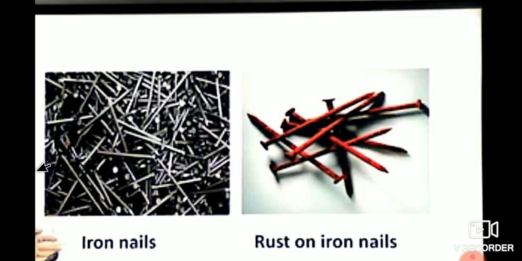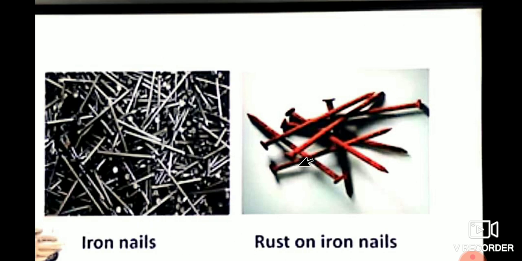Examples of lustrous materials are mercury, iron, diamond, aluminium, copper, graphite, etc. Lustrous means shining materials.